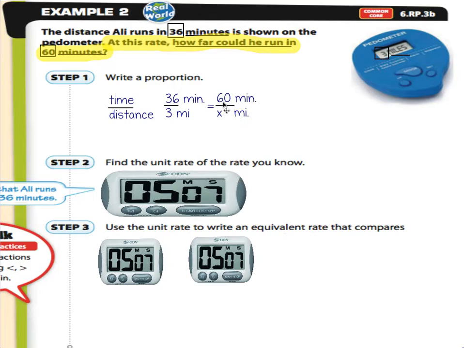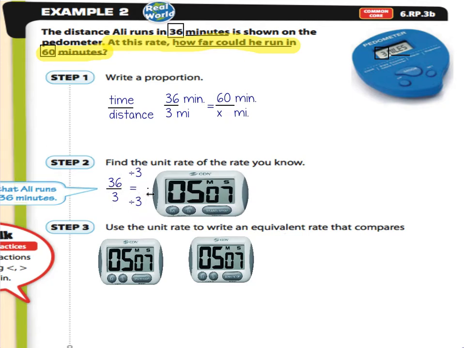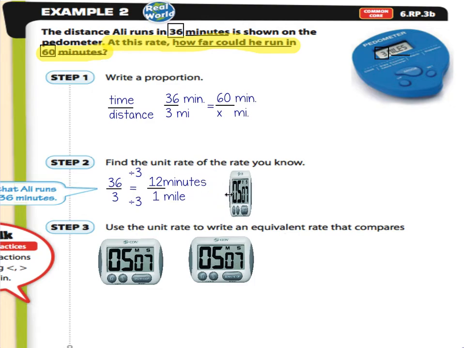What I could do is break it down and find my unit rate, because 36 and 3 are both divisible by 3. So as a unit rate, I know that Allie runs 12 minutes to go 1 mile. So she runs for 12 minutes and she'll go 1 mile.